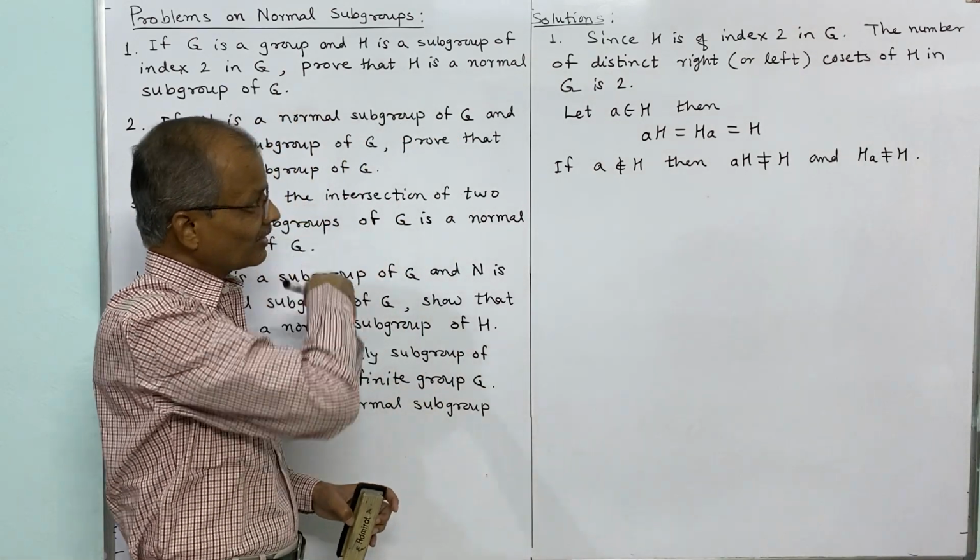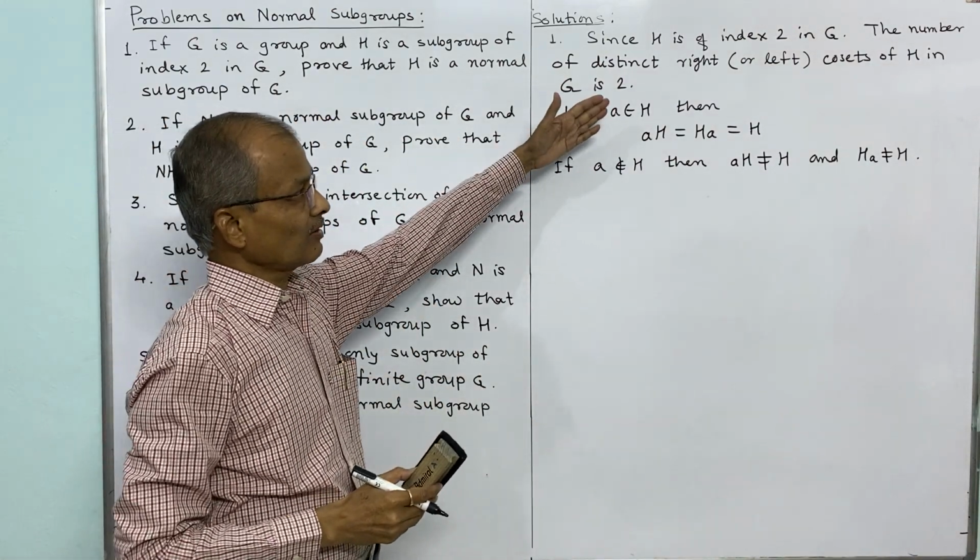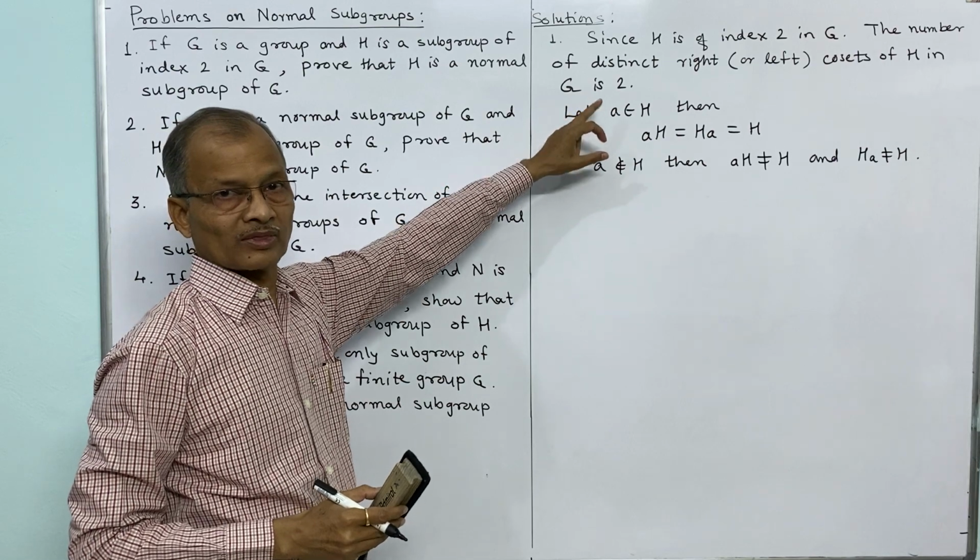But the number of distinct cosets of H in G is 2. That is given.